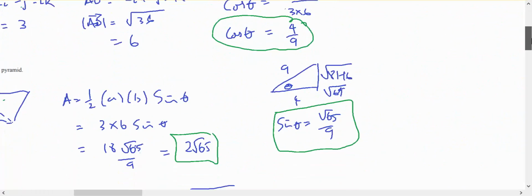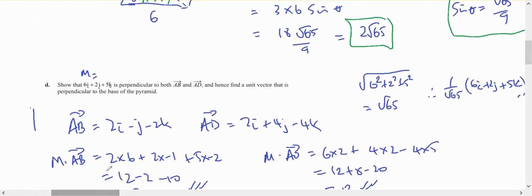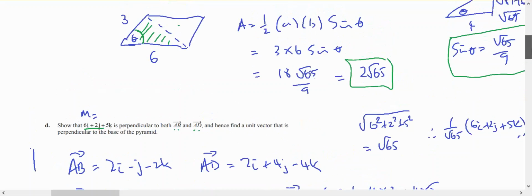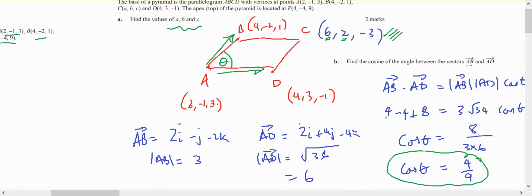Okay, so the rest of this question assists me along the way. And what it's doing, it's telling me, show that this is perpendicular to AB and AD. So if that's perpendicular to AB and AD, then it's at right angles. So I'm going to use it to be able to work out my height.